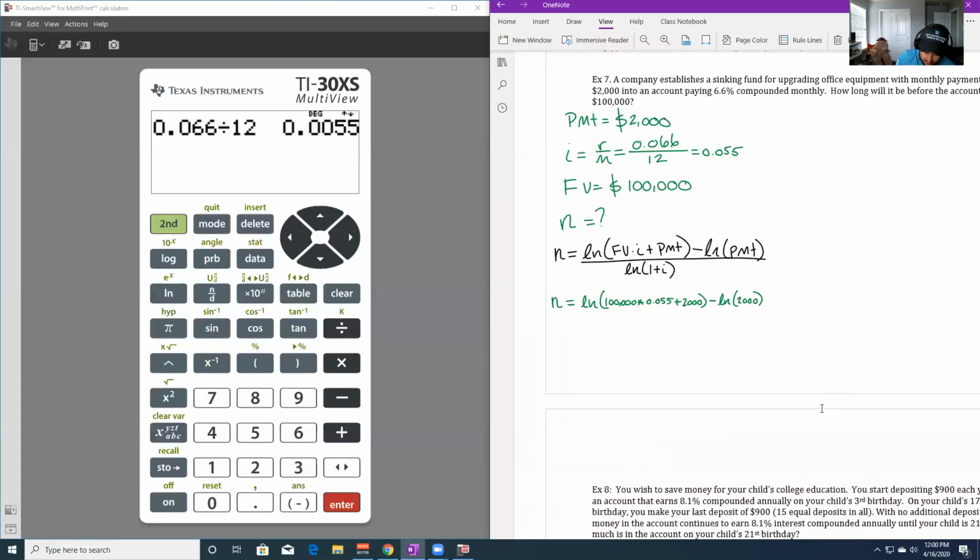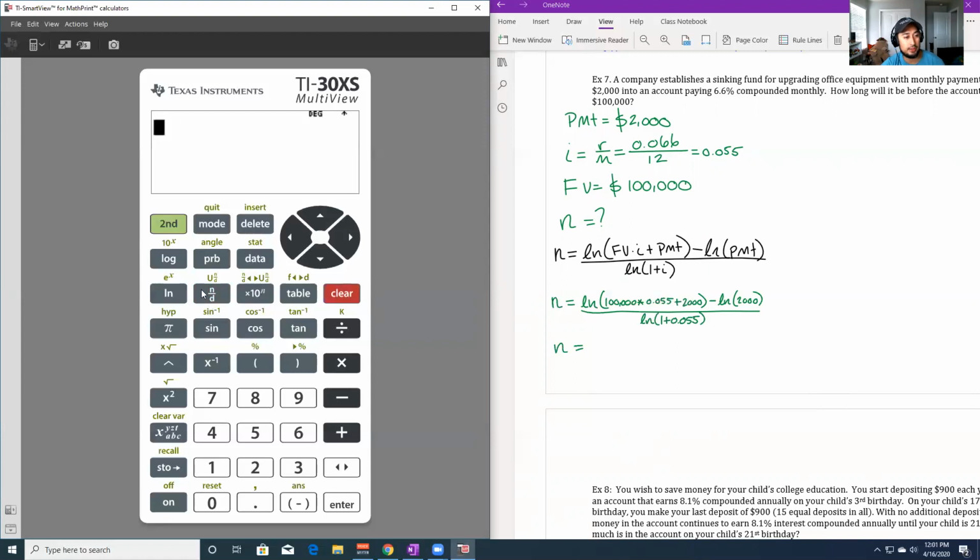All right. Now, all of this is all over the natural log of 1 plus 0.055. Okay. This means that n, now let's type it in our calculator.